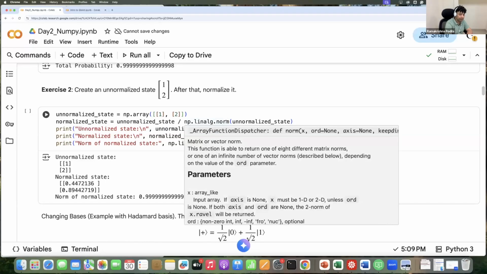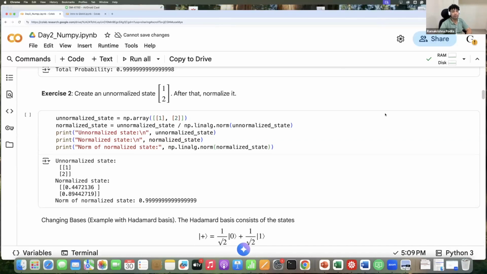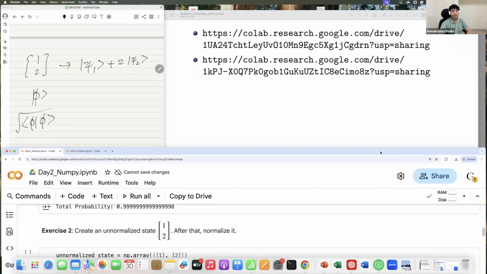If I have a state phi, I take phi times phi, the inner product of it with itself, and then I can get the magnitude by taking the square root of phi with phi. If I divide phi, an unnormalized state, by its norm, then I would get a normalized state.